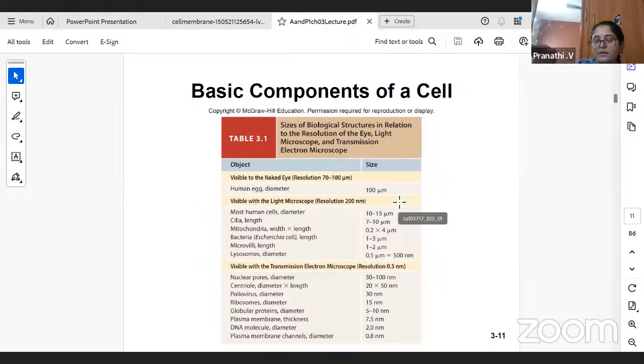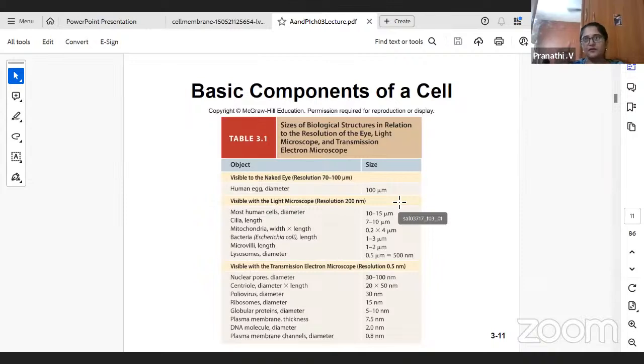And in the light microscope, with a resolution of around 200 nanometers, micro, nano, 10 to the power of minus 6, 10 to the power of minus 9, you're going to see the basic human cells. You can see the different kinds of phases also. If it is a stained slide that is available, you will be able to see the different cell division phases: prophase, metaphase, anaphase, telophase.